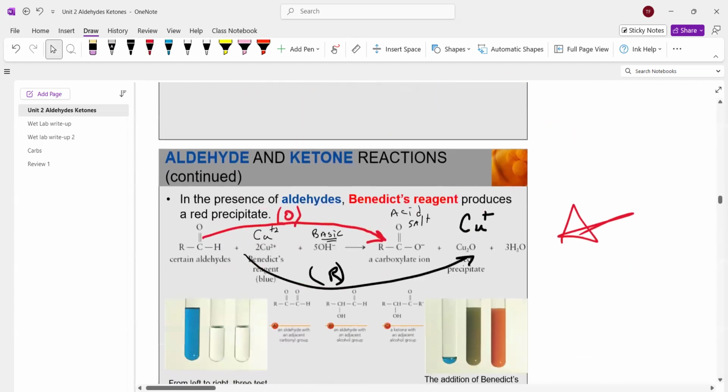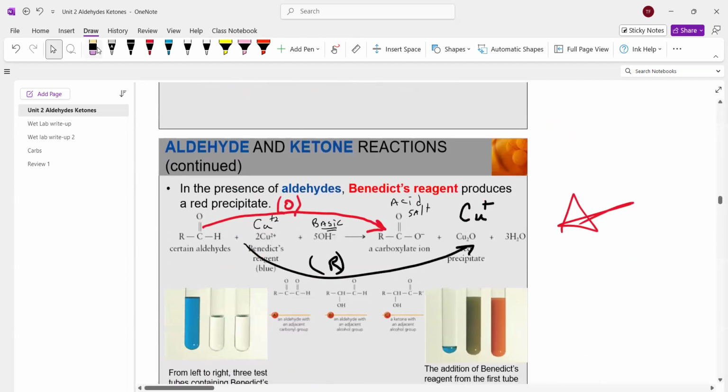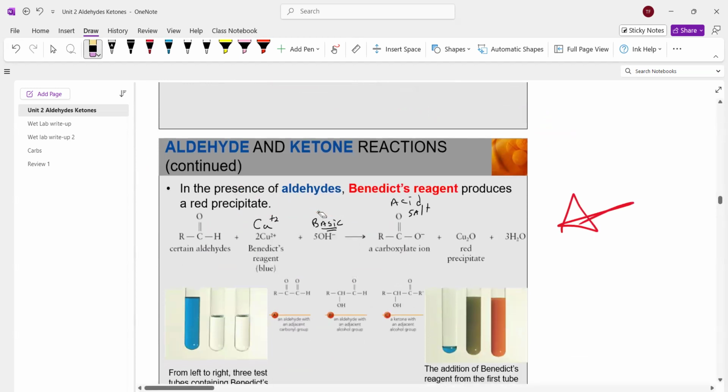And a very similar reaction is using Benedict's reagent, which is basically copper +2 ion. It also is an oxidation-reduction reaction.